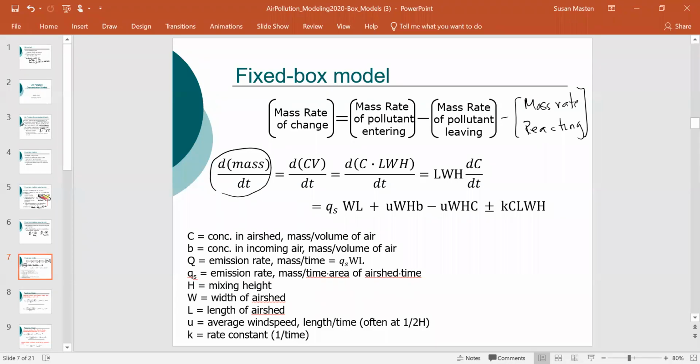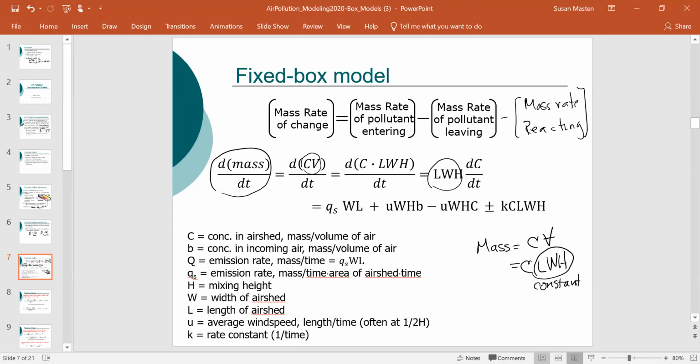So what are we assuming? Mass is equal to concentration times volume, same as previously in the semester. This volume is equal to our length times our width times the height. And if this is constant, then I can remove that.